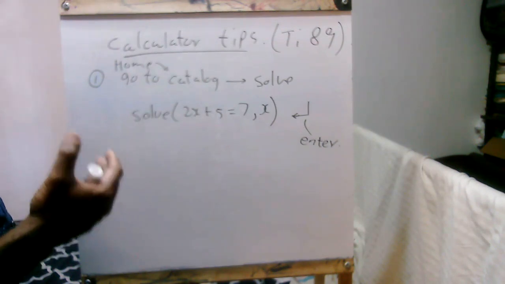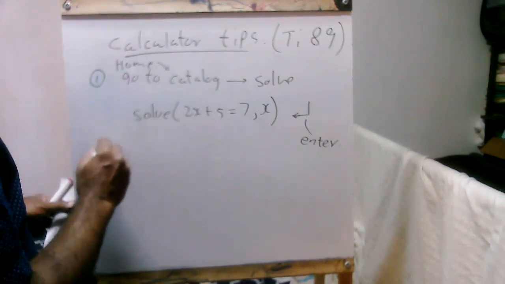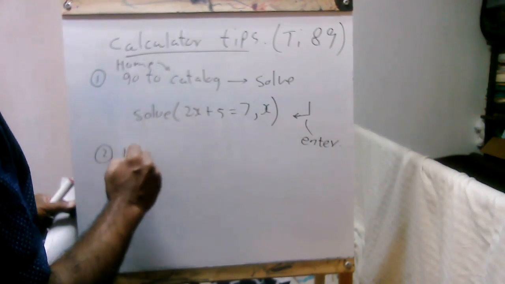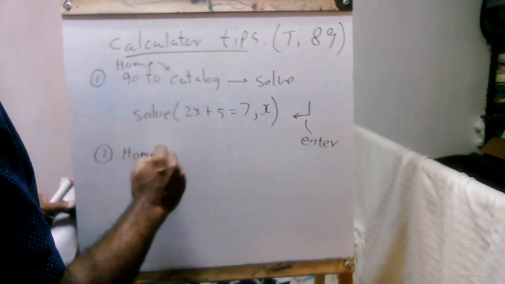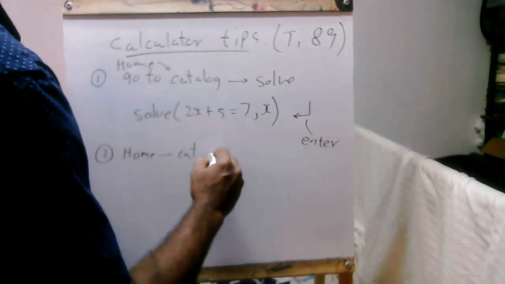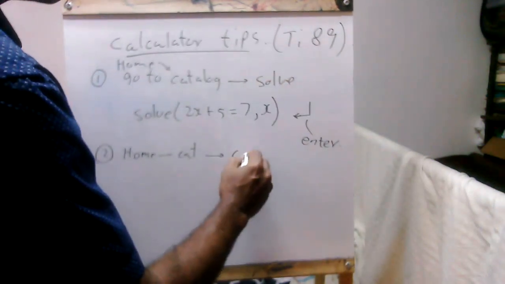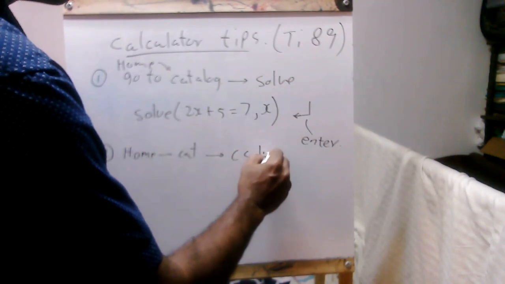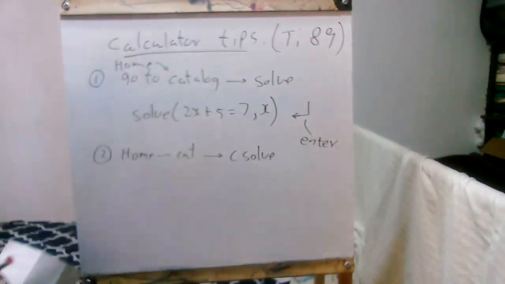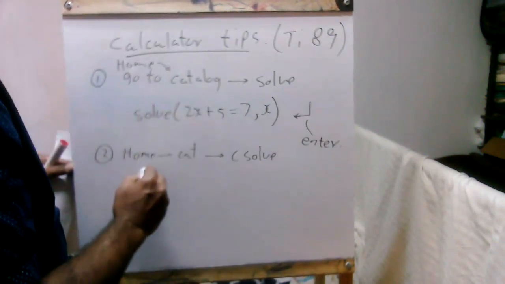Imaginary numbers. For that, use this one. First of all, you should be in the home screen, then go to catalog, then instead of solve, you go to cSolve. The c stands for complex solve, and you do exactly the same thing.